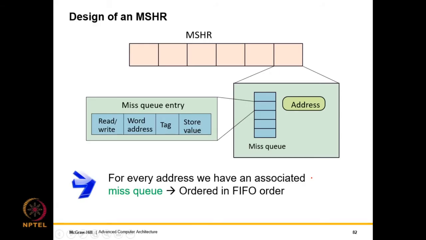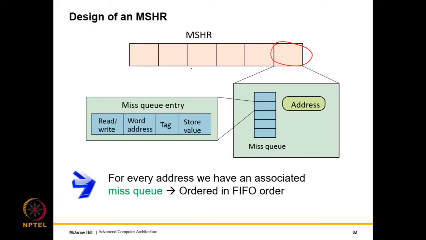So the MSHR is associated with a cache. It keeps track of the misses of the cache. Each entry of the MSHR has two fields. If we look at it from the top level, the first field is the address, the block address. The second field is a miss queue.